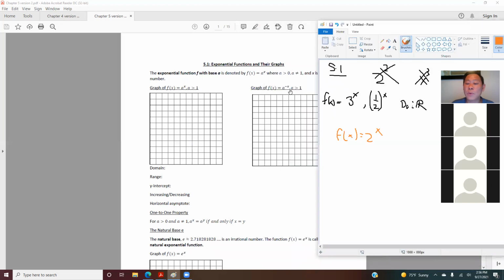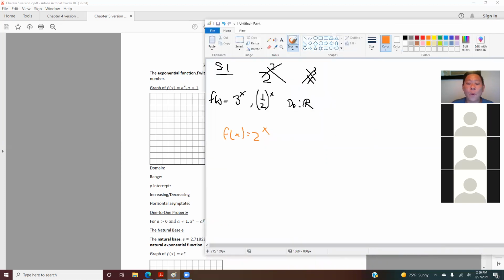And then the next one is where the exponent is negative. When you talk about negative x, we can write this as a^(-x). So instead of f of x equals (1/2)^x, this can also be written as 2 to the power of negative x. They are the same.